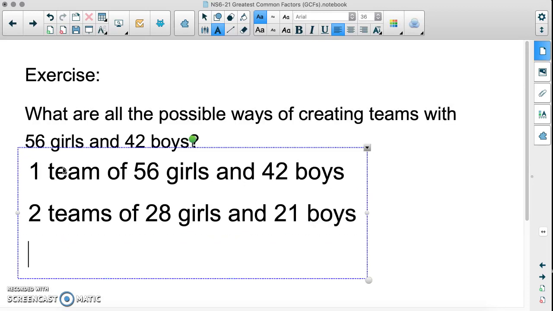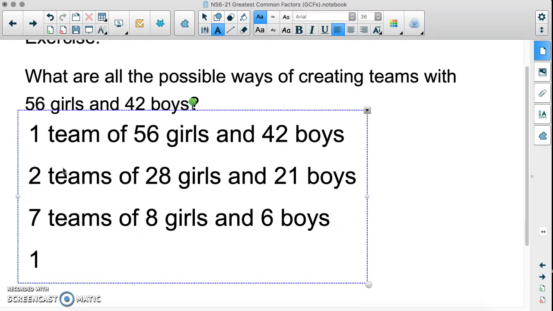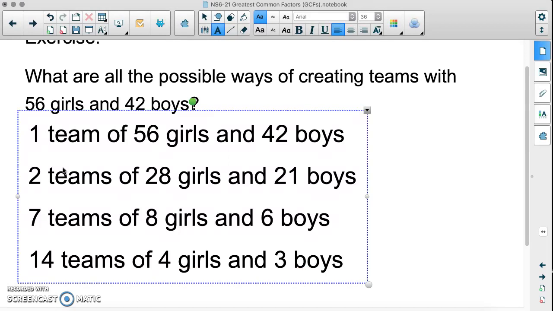We could also have 7 teams of 8 girls and 6 boys. And then our last option is we could have 14 teams of 4 girls and 3 boys.